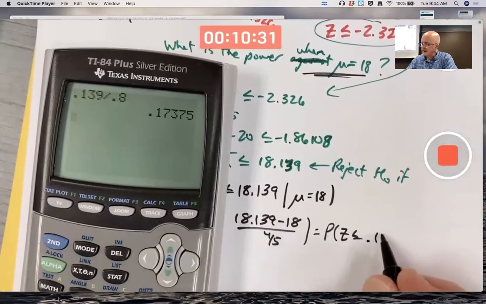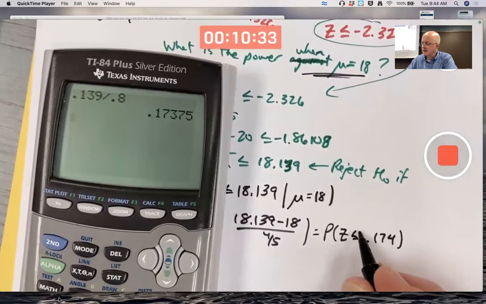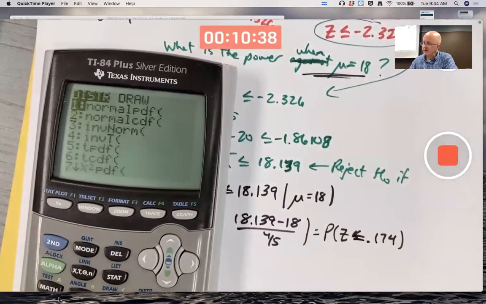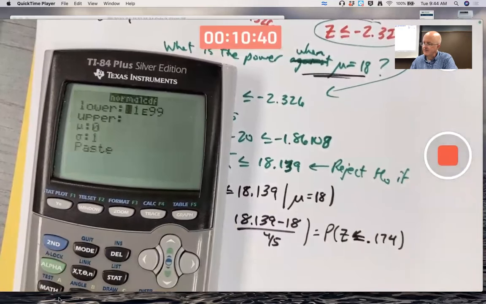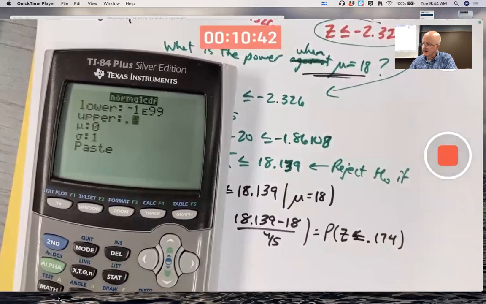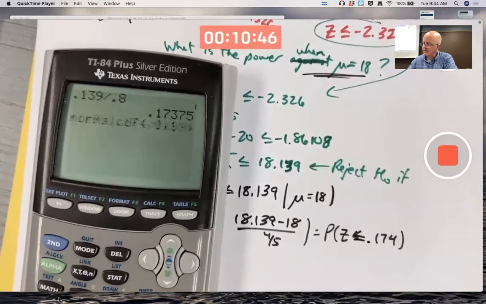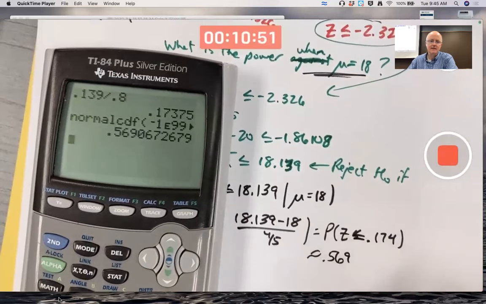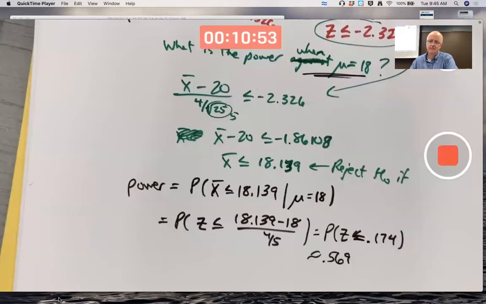Let's say 0.174. A little higher than 0.5 is what it's going to be. Use your calculator, normal CDF. 0.174. About 0.569 is the power.